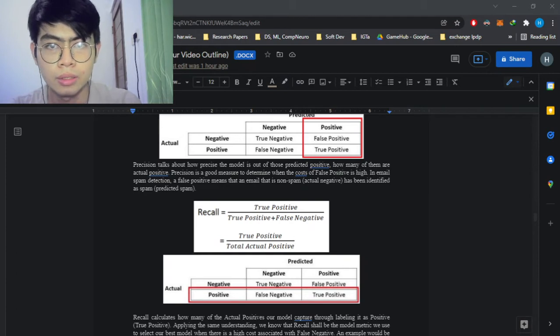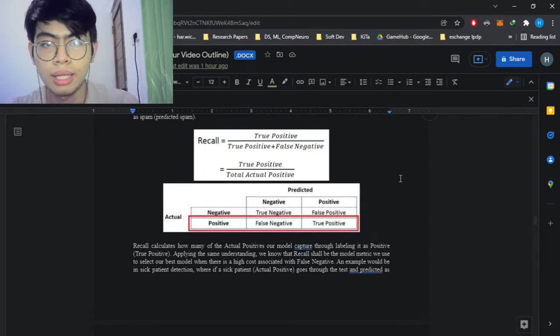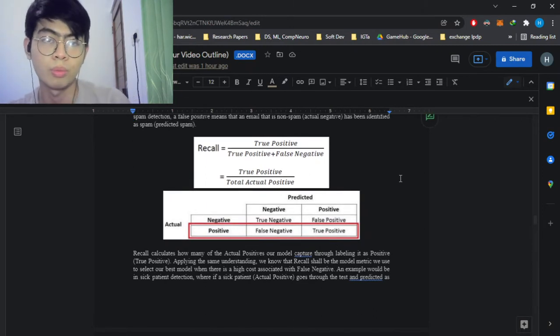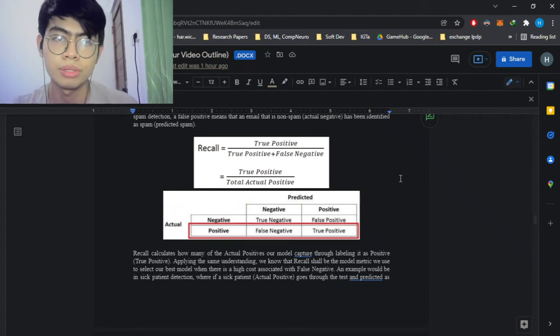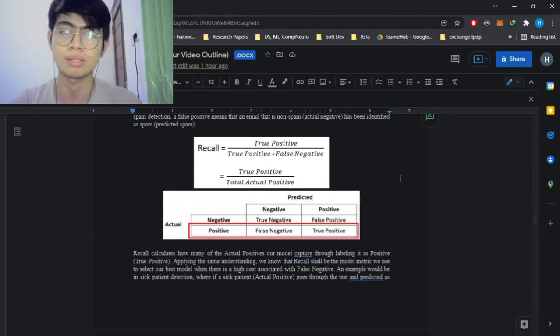Okay, and now we are going to talk about recall, and later on we're going to talk about a concept that combines precision and recall, called the F beta score, or more commonly used as the F1 score, which we will discuss later.